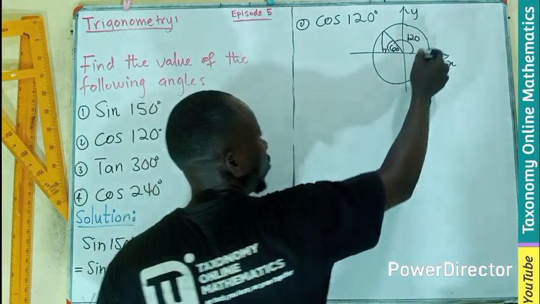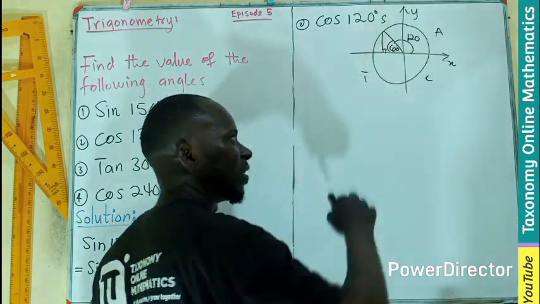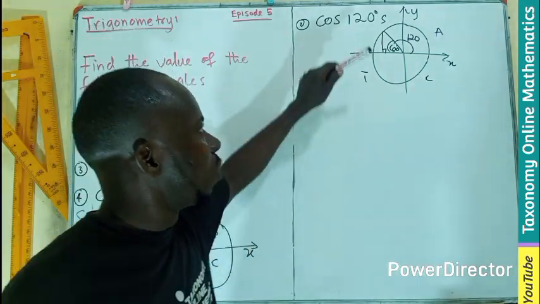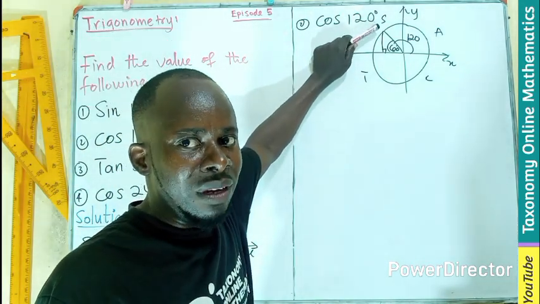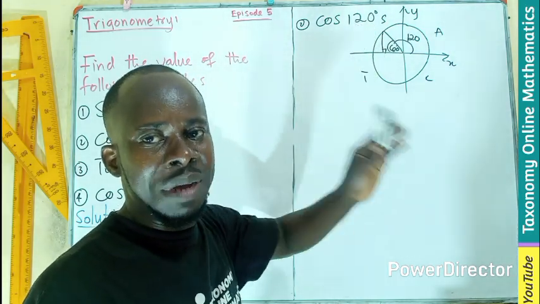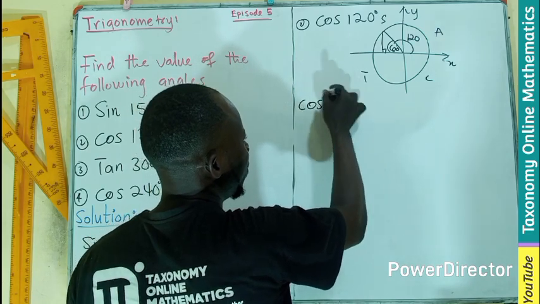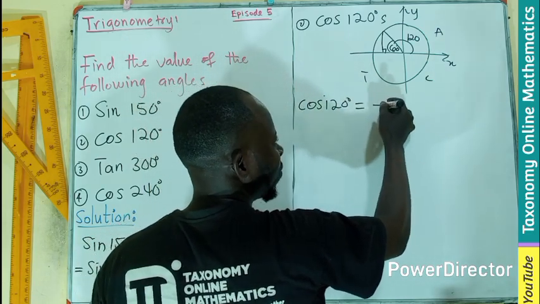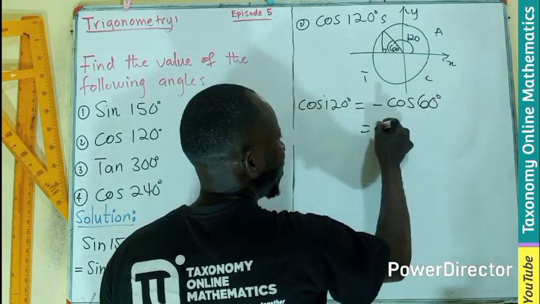And don't forget, as usual, ASTC, CAST. It means that only sine will be positive in this quadrant, so any other ratio becomes negative. So your cos 120 degrees is equal to negative cos of the reference angle 60 degrees.